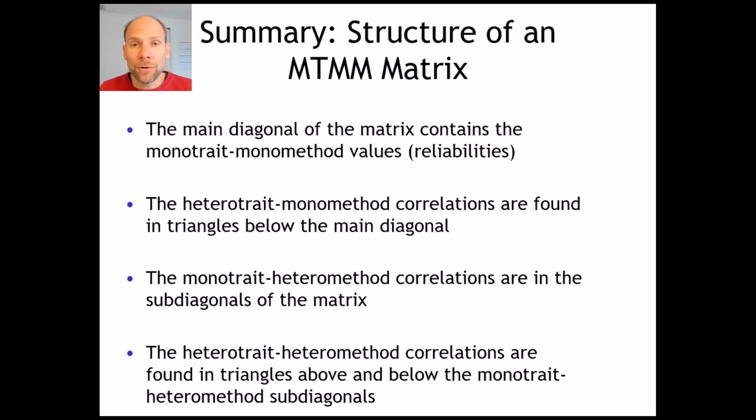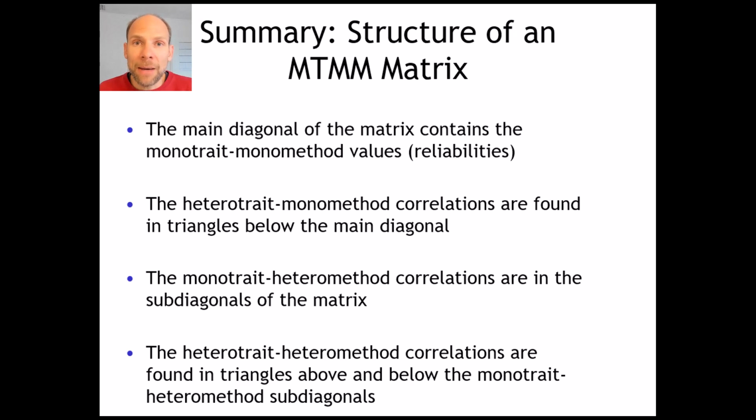We can look at correlations between different methods. We can link trait and method factors to external variables to find out, for example, why are there method effects, what explains method discrepancies. And so those are more advanced methods that help us address the measurement error problem and other issues that we have with the basic MTMM matrix with observed variables.